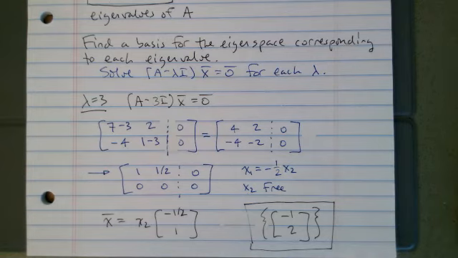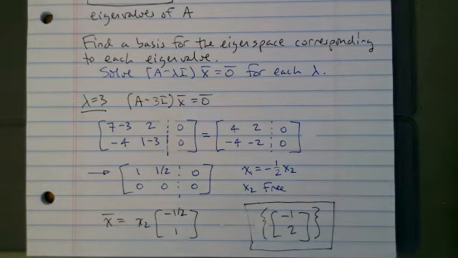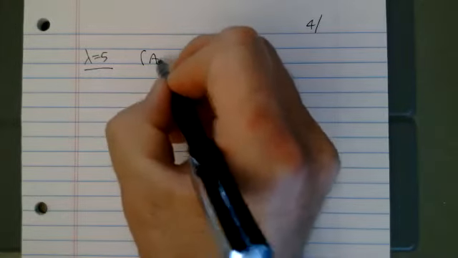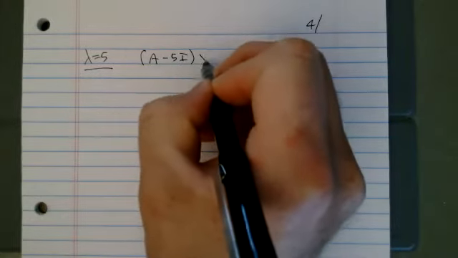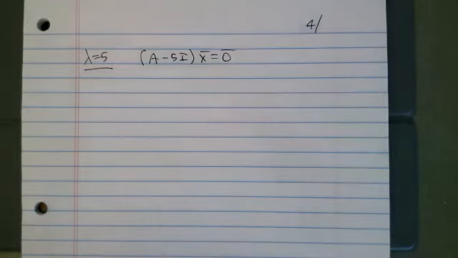Our other eigenvalue in this case is lambda equals 5, so we're going to have to solve that equation as well. So for lambda equals 5, I want to solve A minus 5I times x equals 0.